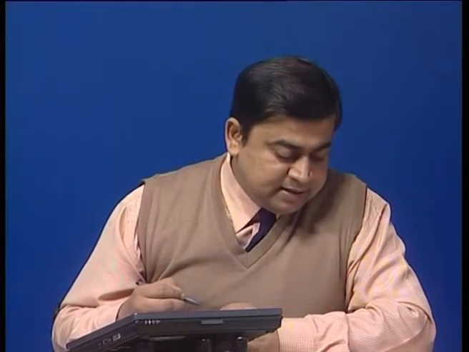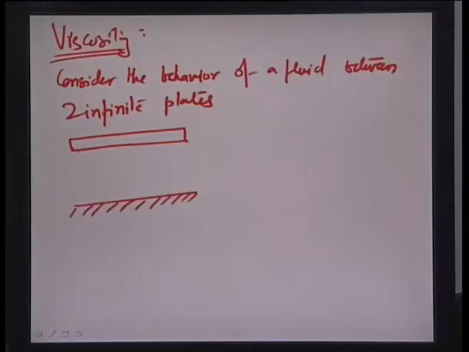So, here let us say at time instance t we have a fluid which was static and having a boundary like this, and let us say we apply a force f x on this particular upper plate, because of which the plate moves with the velocity delta u.